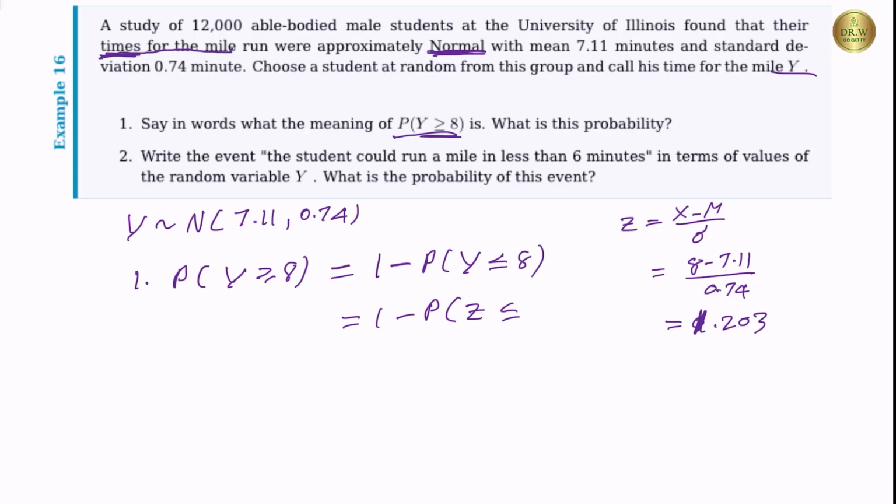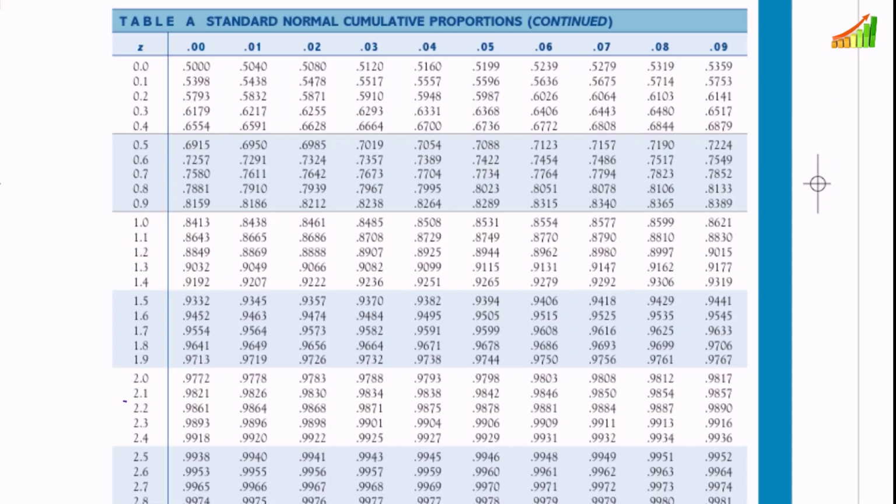Then I write with 2 decimals, 1.20. Now we should use the z table to find the probability. It is 1.20, 1.2 is here, 0 is here, therefore the number is 0.8849.